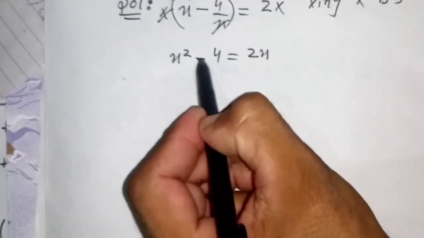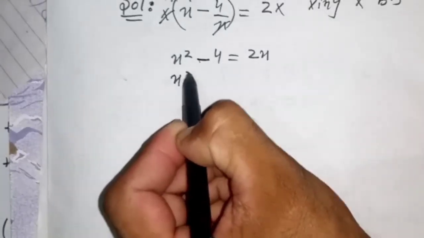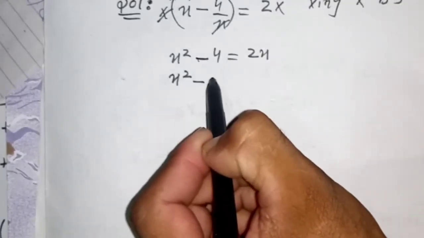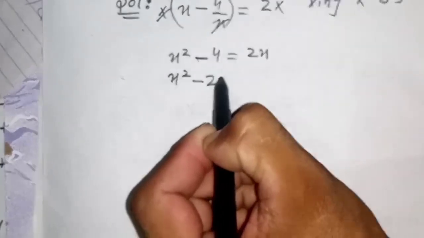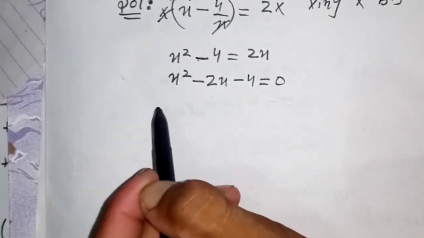Now we will shift 2x to the left side, we get x² minus 2x minus 4 is equal to 0.